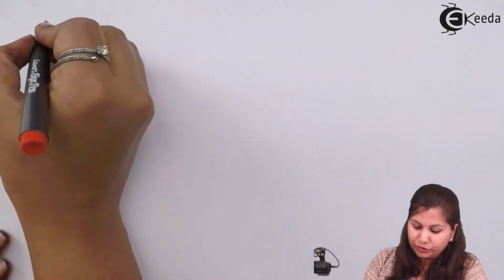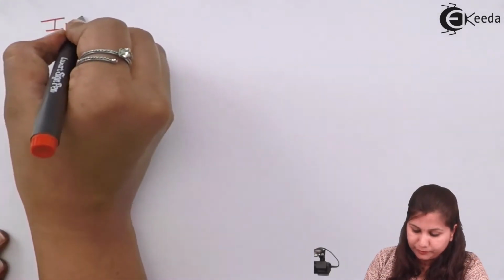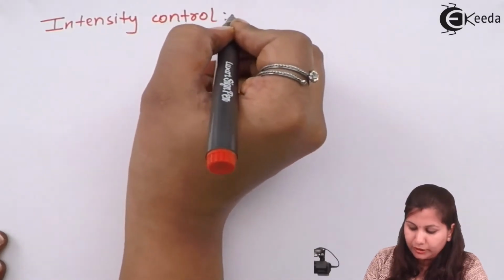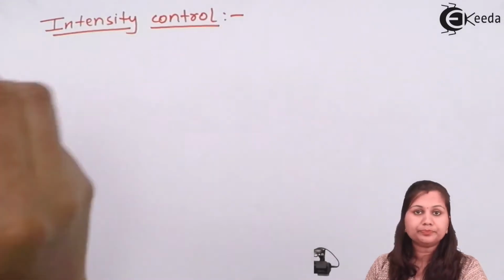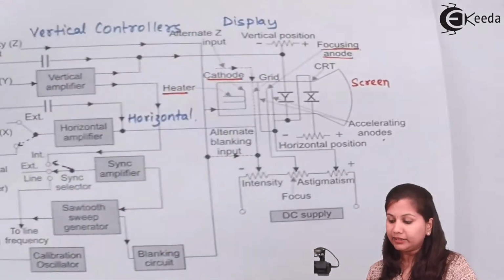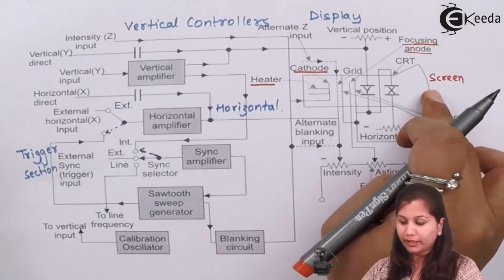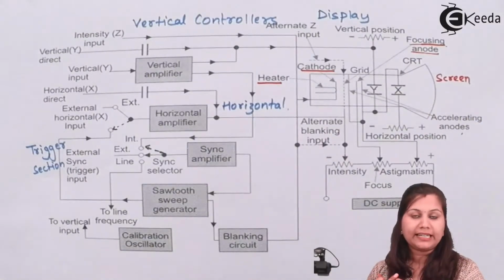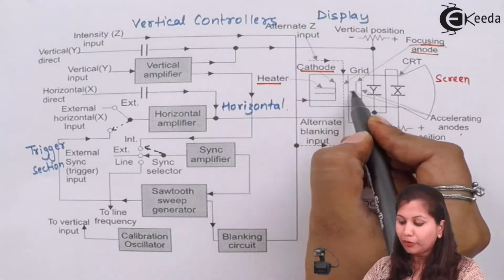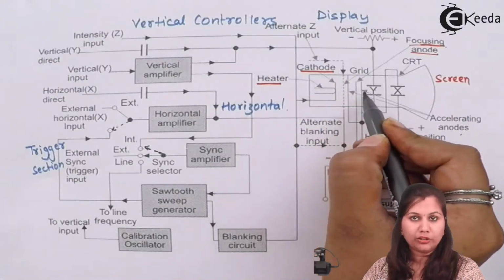First we will come to the intensity control. Now, on the display screen we are getting the luminous spot. To increase the intensity of this spot, we can increase the number of electrons coming out of the control grid.